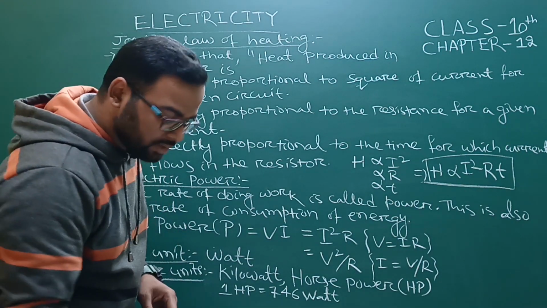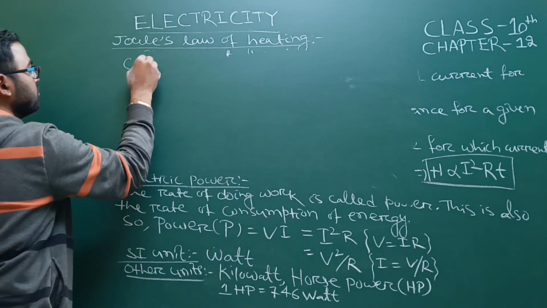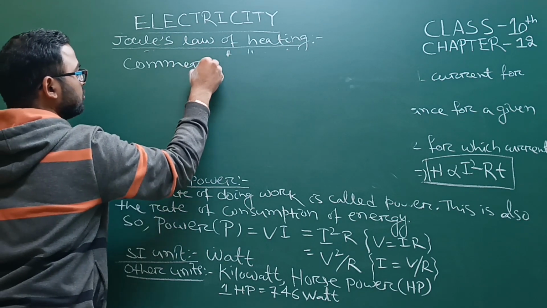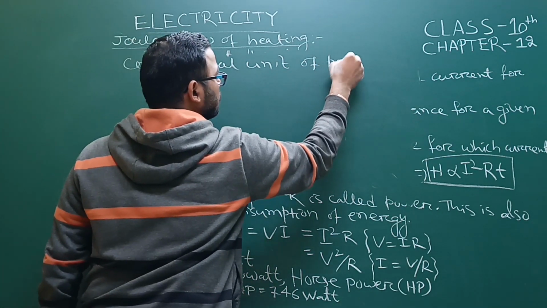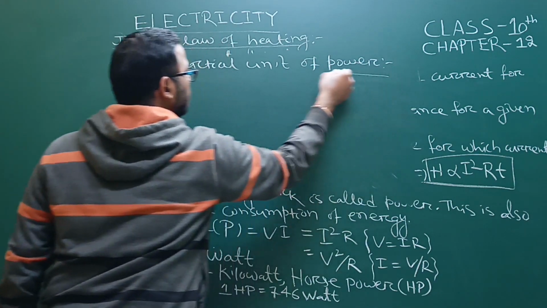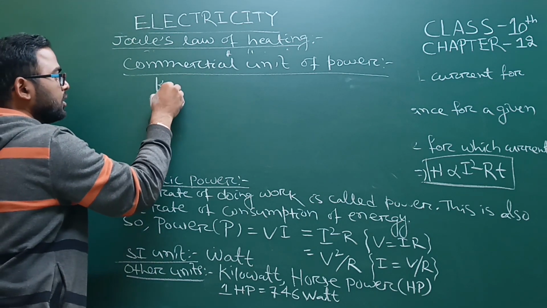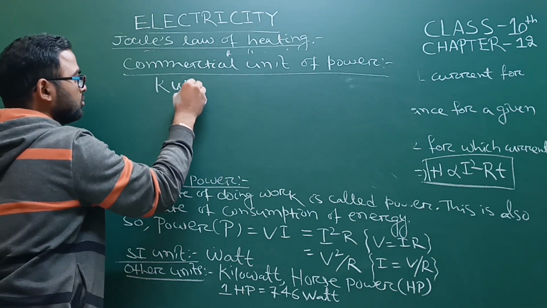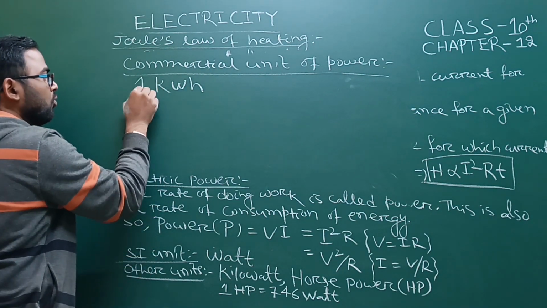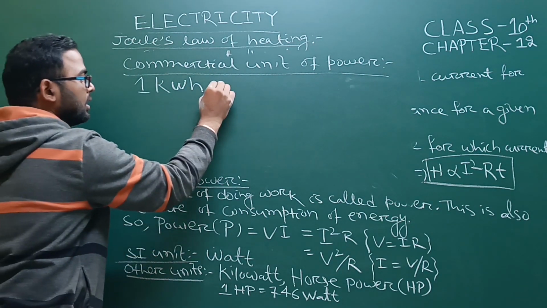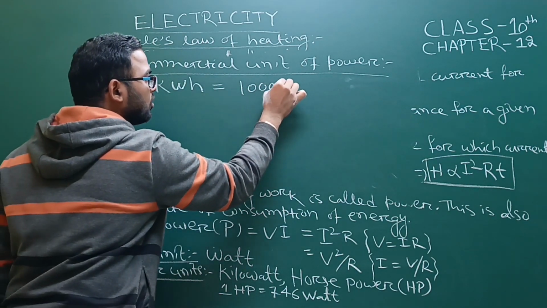Okay, there is another unit of power, commercial unit. Commercial unit of power is kilowatt hour. That means 1 kilowatt hour is equal to, what is kilo? Means 1000 watt.